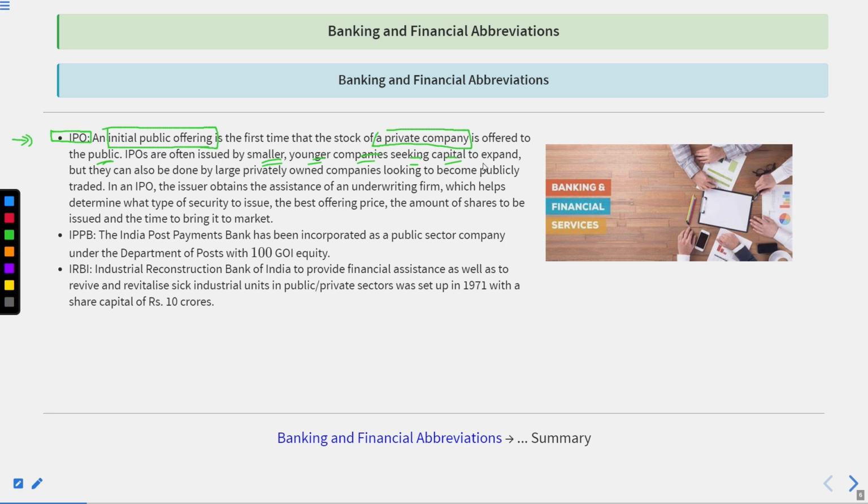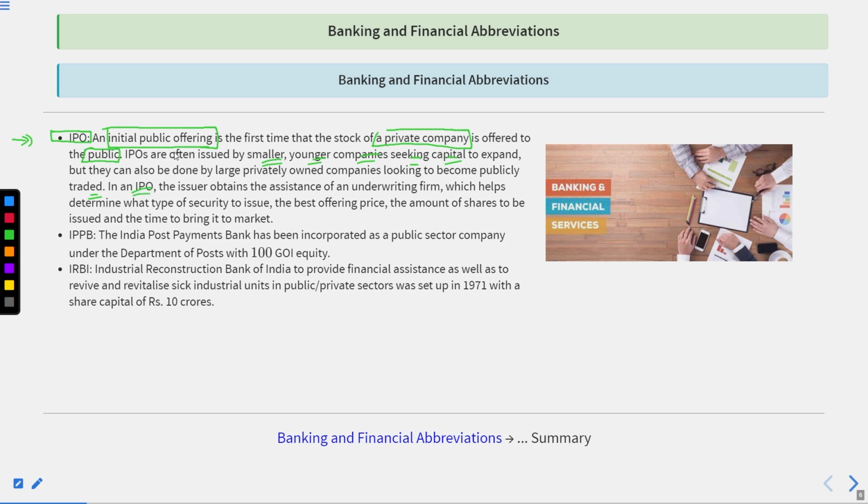Generally, an IPO is launched by smaller and younger companies which require money but do not have it, so they require it from the public. But it is not the case that only younger and smaller companies launch IPOs. Even privately owned, already established companies can launch their IPOs, which now want to be publicly traded.